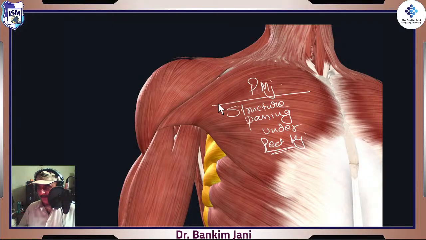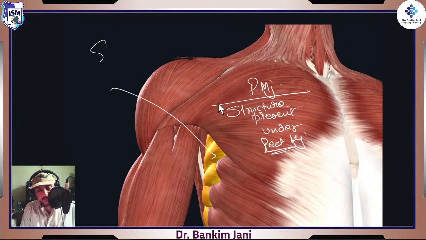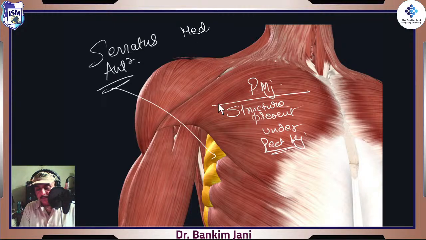Instead of passing, let's use the words structures present, right? That makes more sense. Structures present under pectoralis major. So the first thing we are watching is that it is covering this, what's called the serratus anterior, because it was forming the medial wall, serratus anterior, right? It is forming the medial wall of axilla. Okay, axilla is armpit.